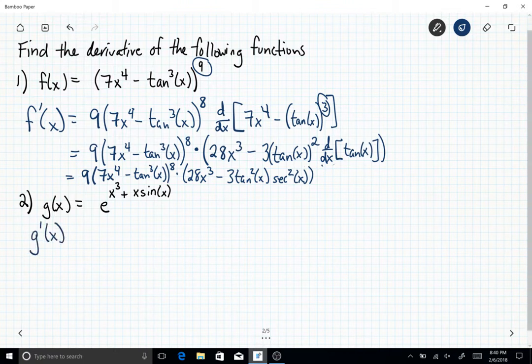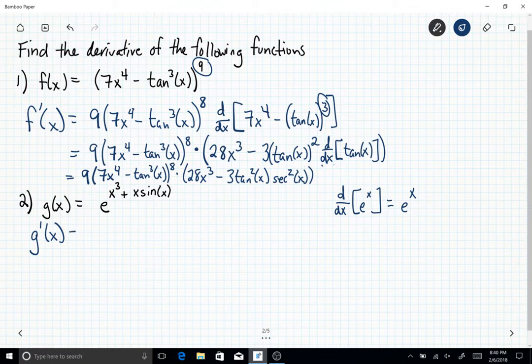So in our next function, what is actually our outer and inner, right? Well, notice usually what we have is the derivative of e to the x equals e to the x, right? But we don't have that anymore. We have this e to the x cubed plus x sine x.